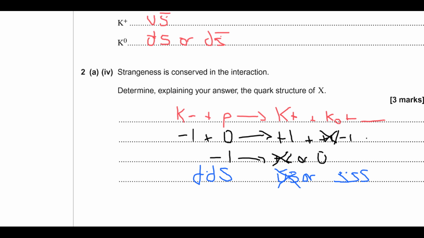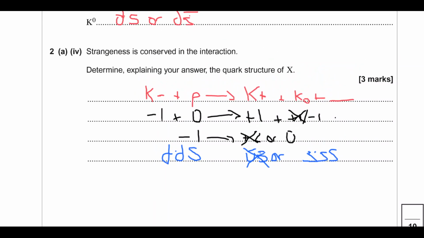So those are either of those options, depending on which particle it is. I picked the one with -1, which gives this one. If it was the one with +1 strangeness, it would lead to the 3 strange particle there. Okay, so that's that question complete.